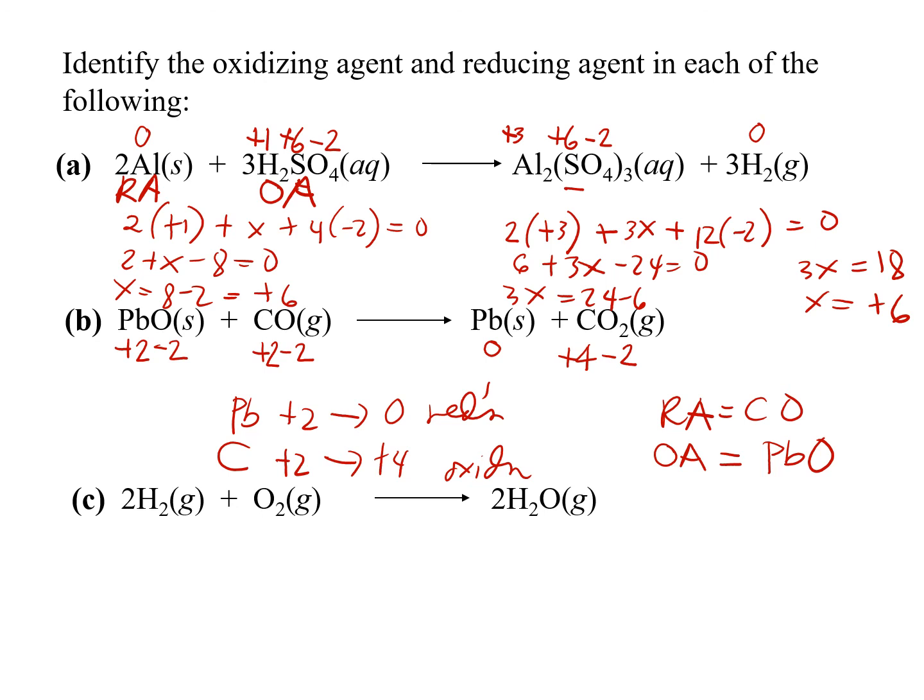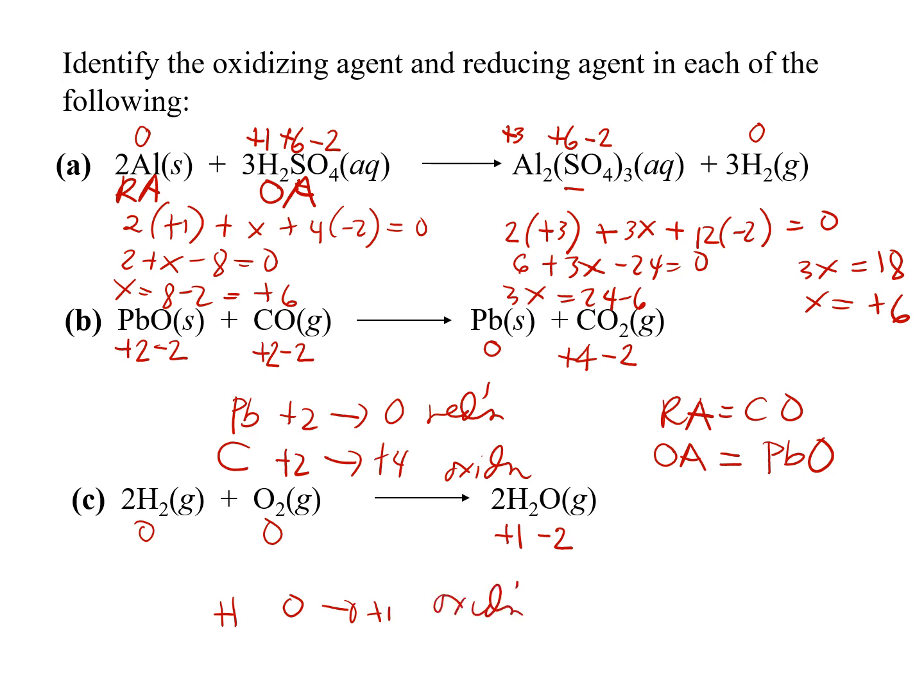For letter C, again, this is very simple. Hydrogen here is H2, so this is 0, and this oxygen is 0. Hydrogen in the products is +1, oxygen is -2. So what happens to hydrogen? It goes from 0 to +1, so that is oxidation.